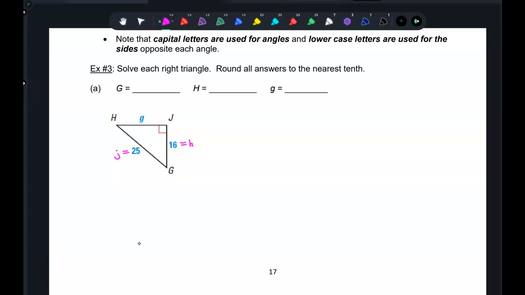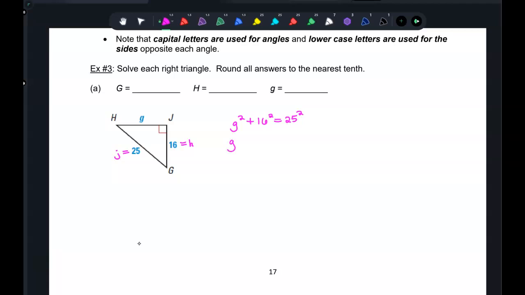If we know two sides of a triangle, can we find the third side? Pythagorean theorem? Okay. So why don't we do g squared plus 16 squared equals 25 squared. If I have two sides, I can find the third side by doing Pythagorean theorem. This is something we've been doing over and over again.